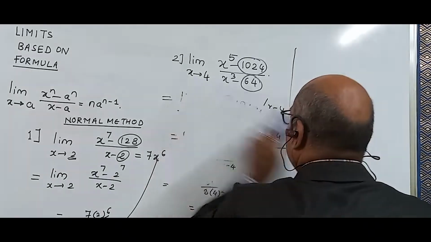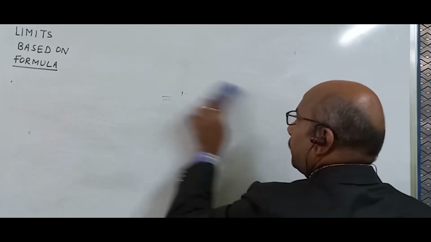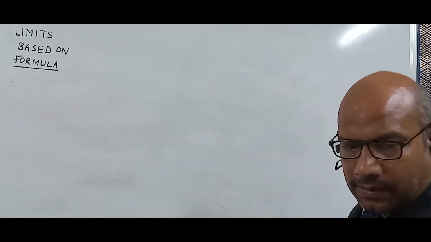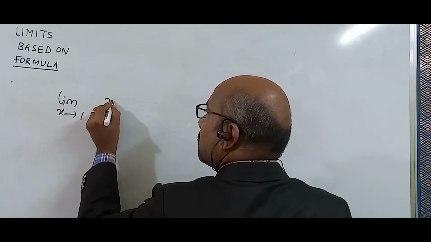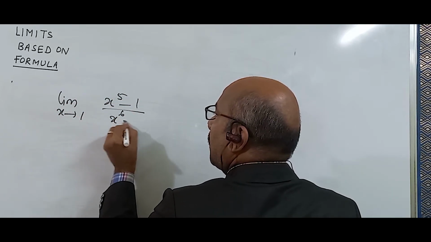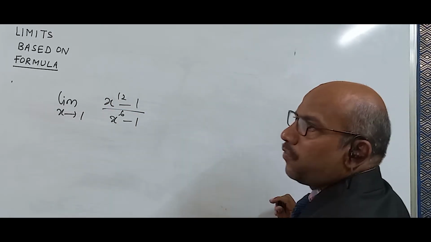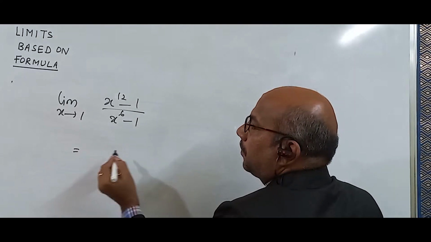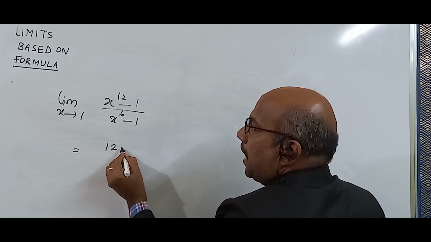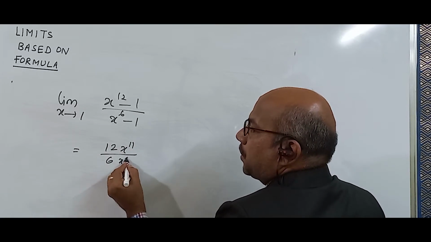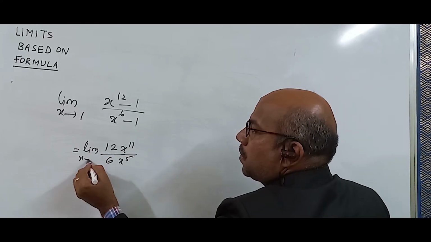So look. Now, the faster rule that you know is L'Hopital rule. Okay, so it is 12x raised to 11 over 6x raised to 5. Now, applying the limit value, that is 1.